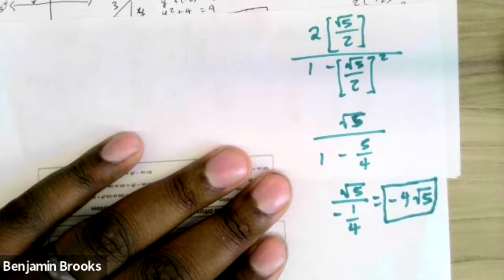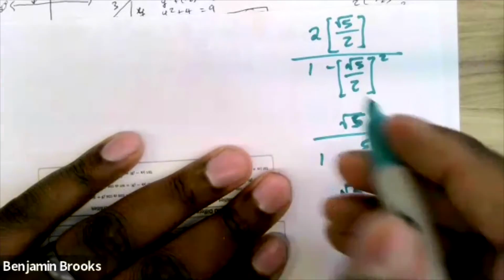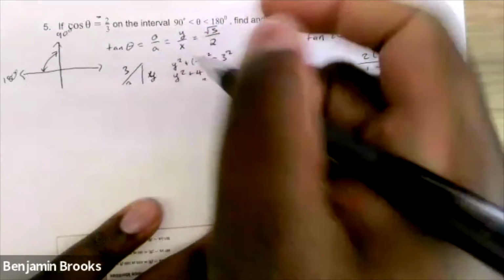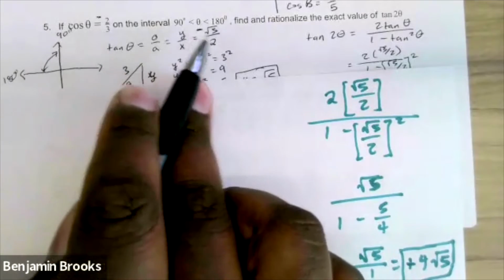No, wait. It should be positive 4 root 5, and I'm going to explain why. It's going to be positive 4 root 5 because back up here when we did tangent of theta, it should be negative. It should be negative tangent because this was negative 2 and this was root 5.